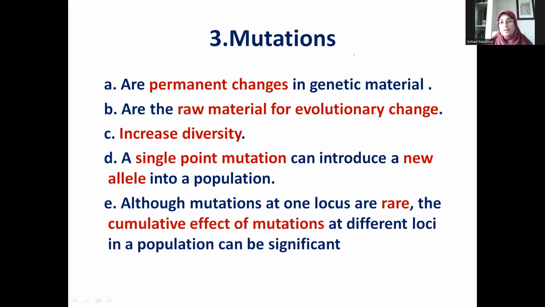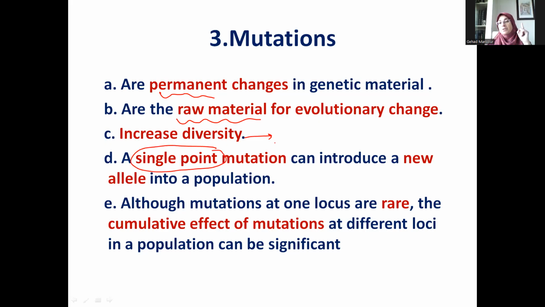Mutation, of course, helps evolution because mutation is a permanent chemical change in DNA, in the genetic material. And as we said, it is the raw material for evolutionary change, because variation initiates diversity or creates diversity.